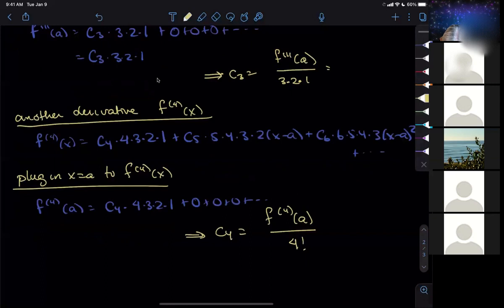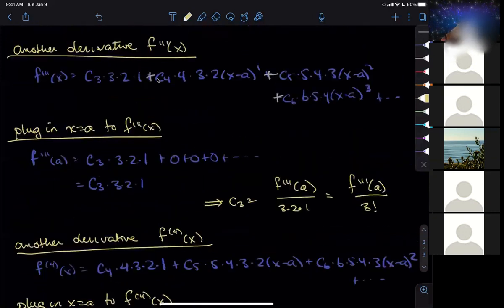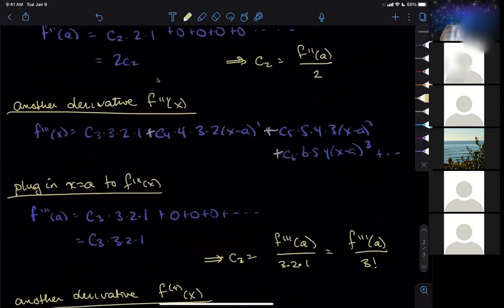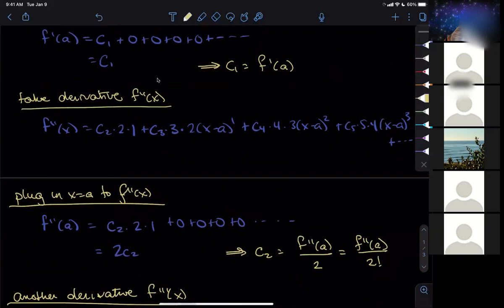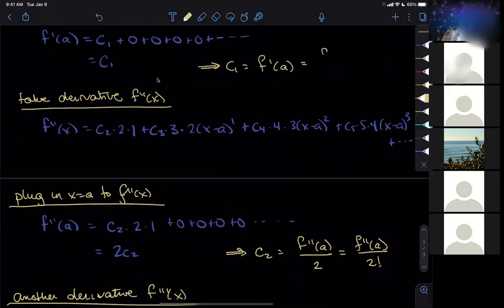This one I can think of as the 3rd derivative at a divided by 3 factorial. All of these are like that. This is the 2nd derivative at a divided by 2 factorial. 2 factorial is just 2, a weird way to say 2, but I'm trying to show you that they all follow the same pattern. This is f prime of a over 1 factorial. 1 factorial is just 1.